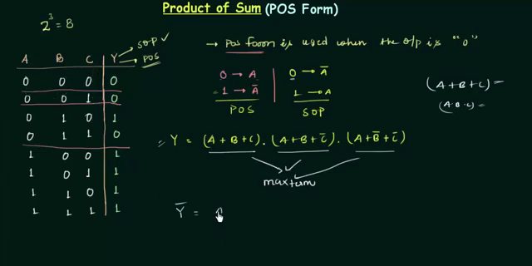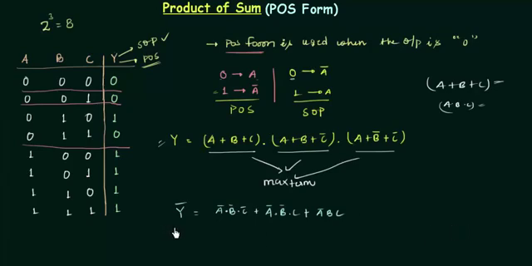So I will write A complement and B complement and C complement, or in this case I have A as 0, B as 0, C as 1. So A complement and B complement and C. And for the final case when the output is 0, we have A as 0, B as 1, C as 1. So A complement, B, C.